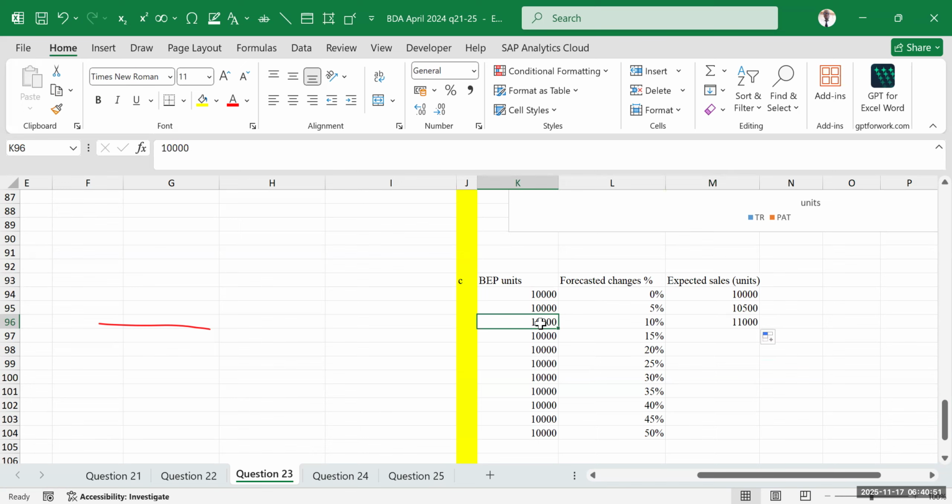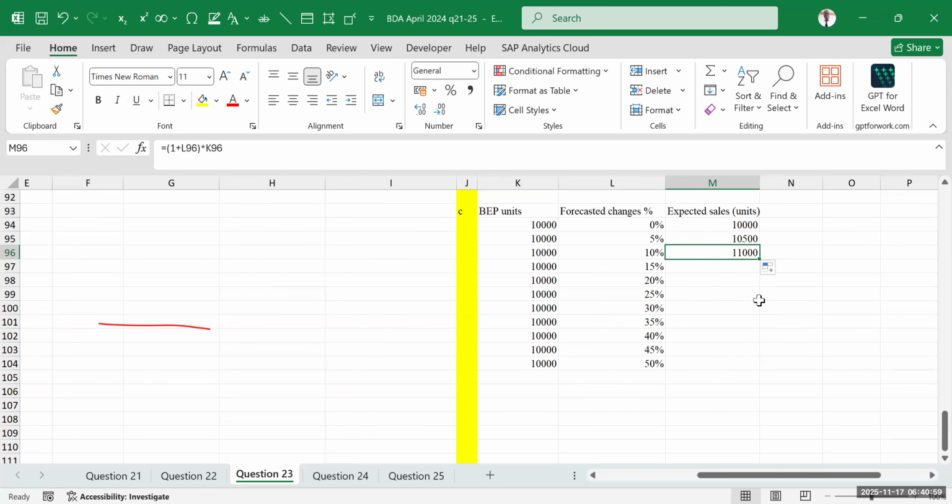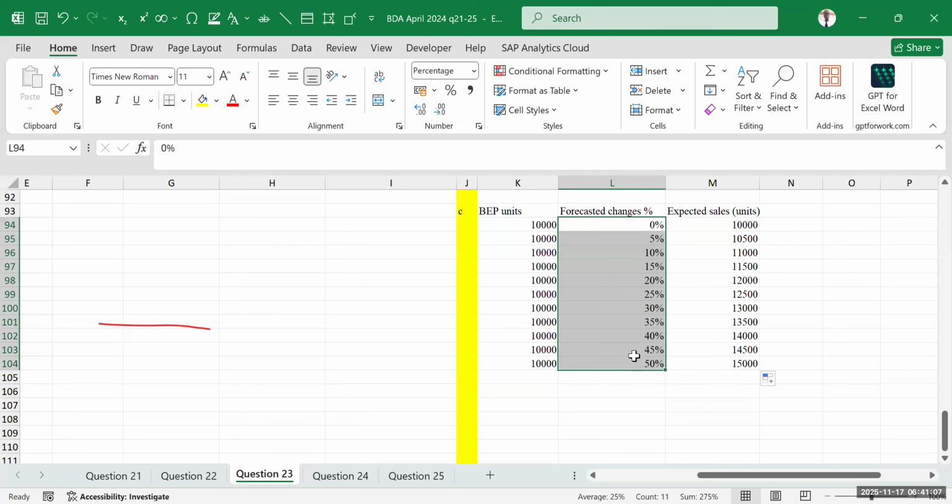We are increasing it by 10% or growing it by 10%. Then that trend will follow suit to the end. So these are the expected sales in units with the changes of interval of 5 from 0 to 50.